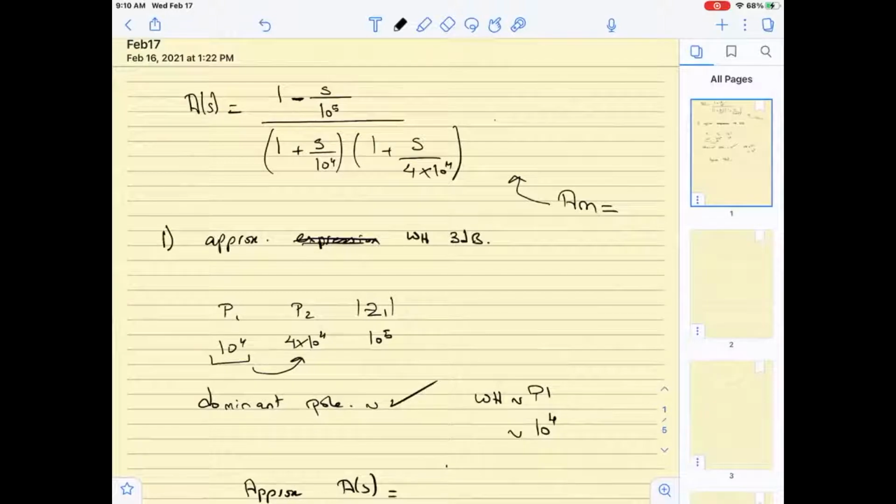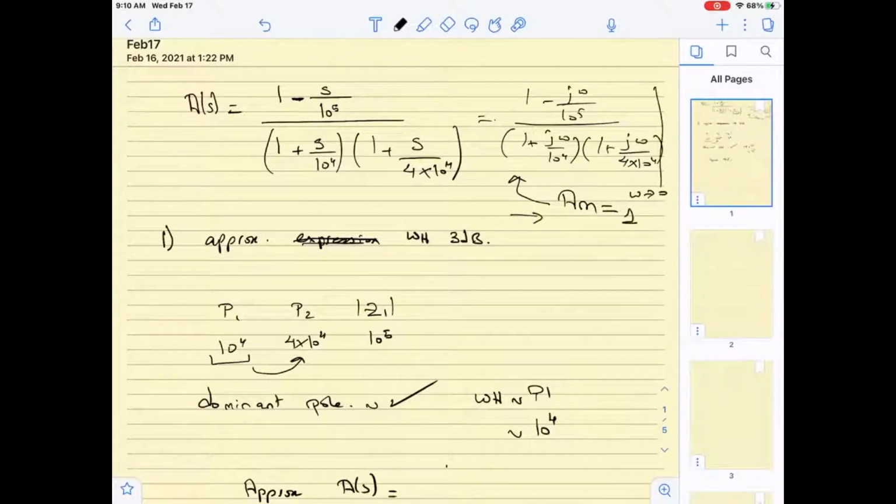What is the S? S is j omega, right? So if I write this as 1 minus j omega over 10 to the 5 over 1 plus j omega over 10 to the 4 into 1 plus j omega over 4 times 10 to the 4. Right. Okay. At omega tends to 0, it tends to AM, which happens to be equal to 1 in this example.